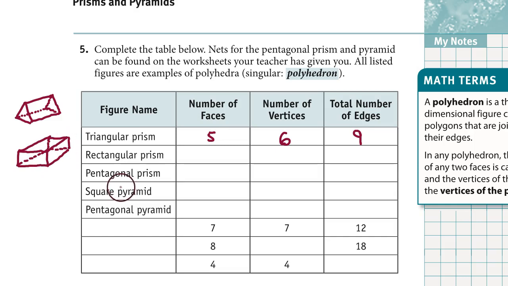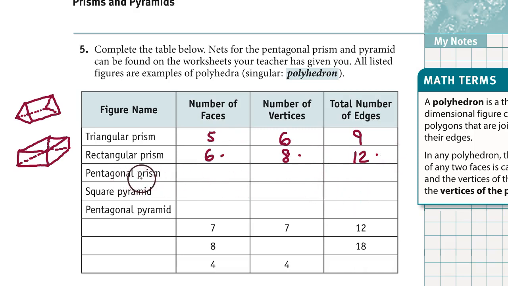How many faces does this box have? It has 6. How many corners does a box have? It has 8. And how many edges does it have? It has 12. As we're filling out this table, we want to try to discover a relationship between the number of faces, number of vertices, and number of edges.